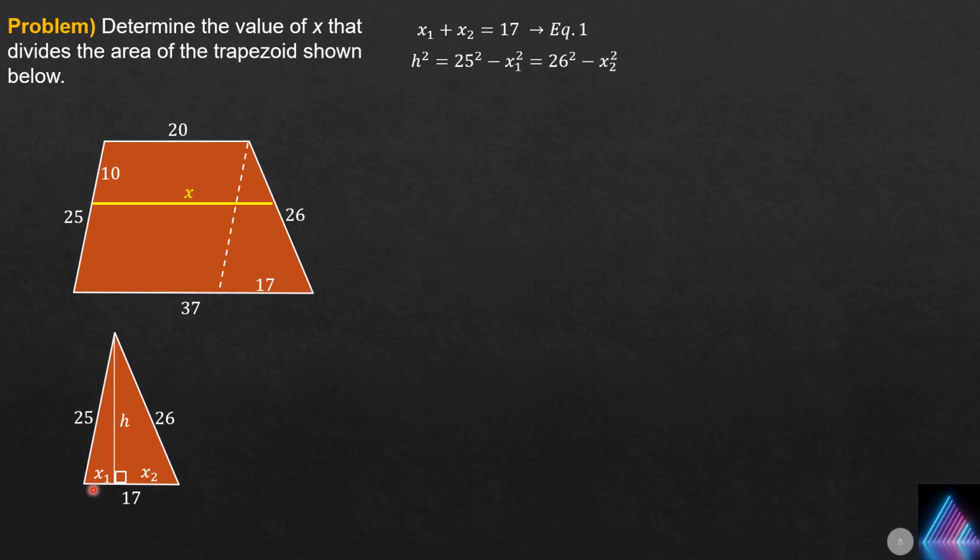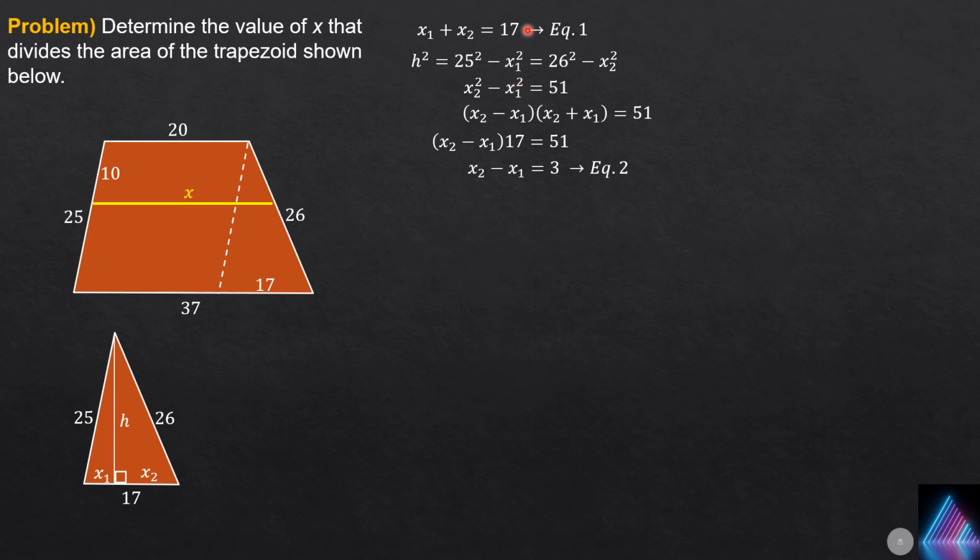It is also equal to 26 square minus x2 square. So simplifying, x2 square minus x1 square equals 26 square minus 25 square, and that is 51. So let's factor this. Difference of two squares, quantity x2 minus x1 times quantity x2 plus x1 equals 51. Then we replace x2 plus x1 equals 17, and therefore 51 over 17 is 3. X2 minus x1 therefore is 3.